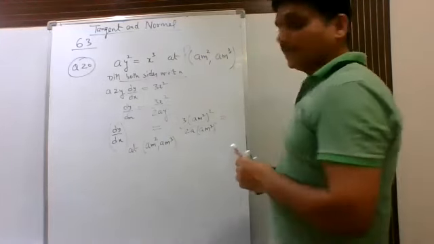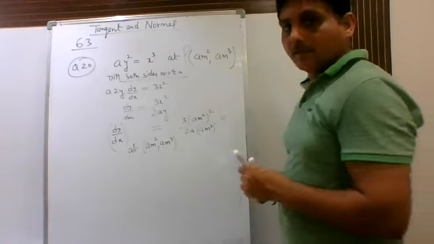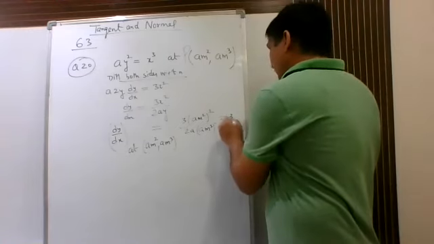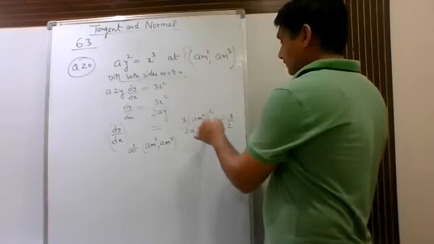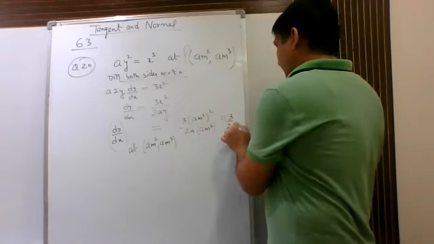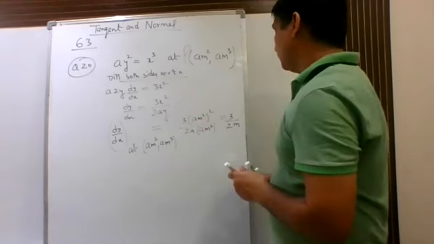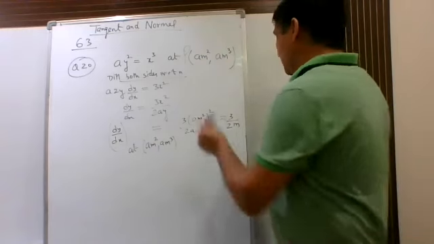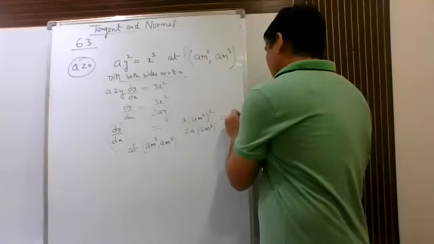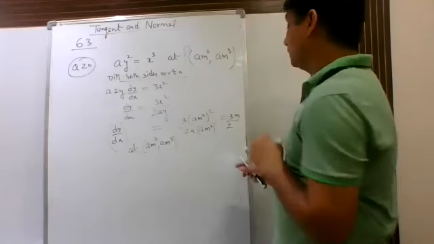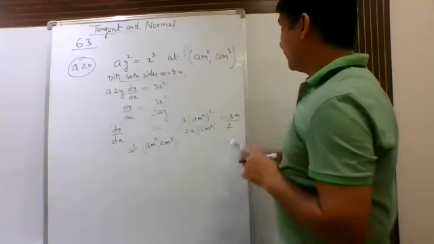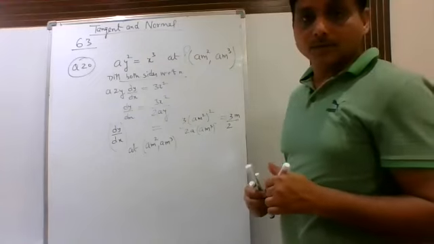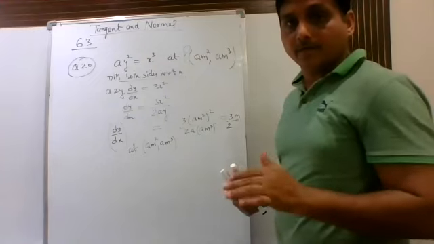Now when you solve it completely, you will get the slope of the tangent as 3m upon 2. Right, so this is what you are getting after calculation. So slope of the tangent is coming out to be 3m divided by 2.